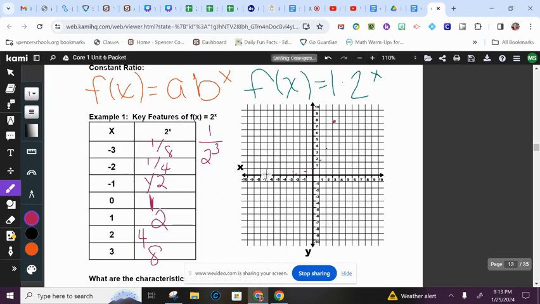Let's see if I can try to draw a curved line there. Not the best, but you can kind of get the point.